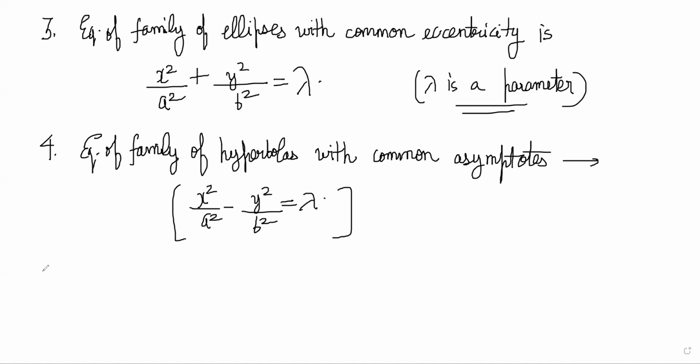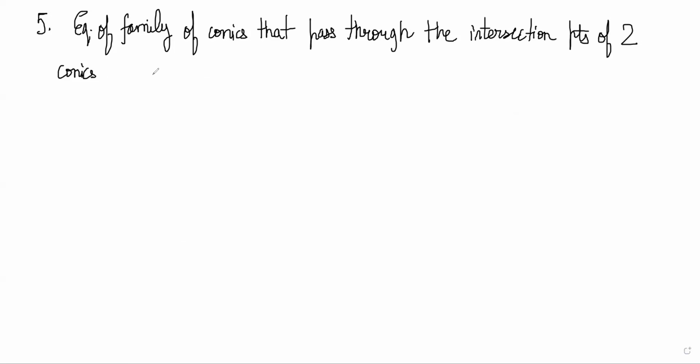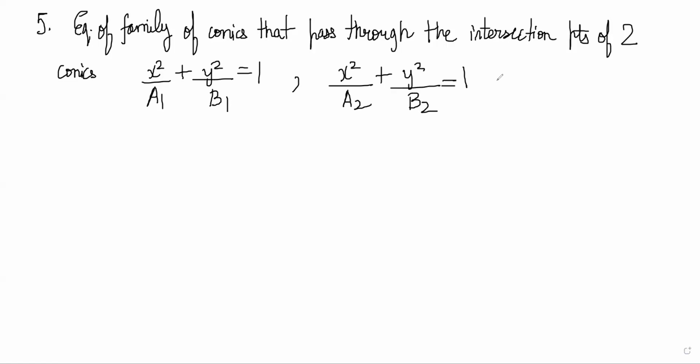And then finally, we look at the general form here: equation of family of conics that pass through the intersection points of two conics x square by a1 plus y square by b1 equal to 1, and x square by a2 plus y square by b2 equal to 1.